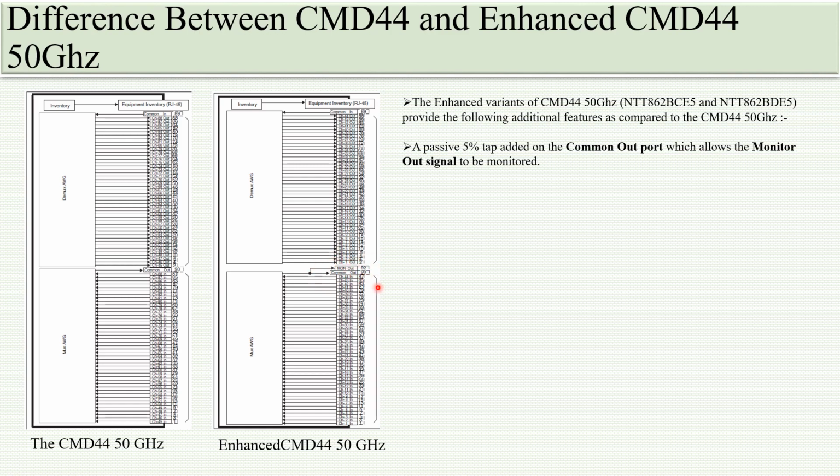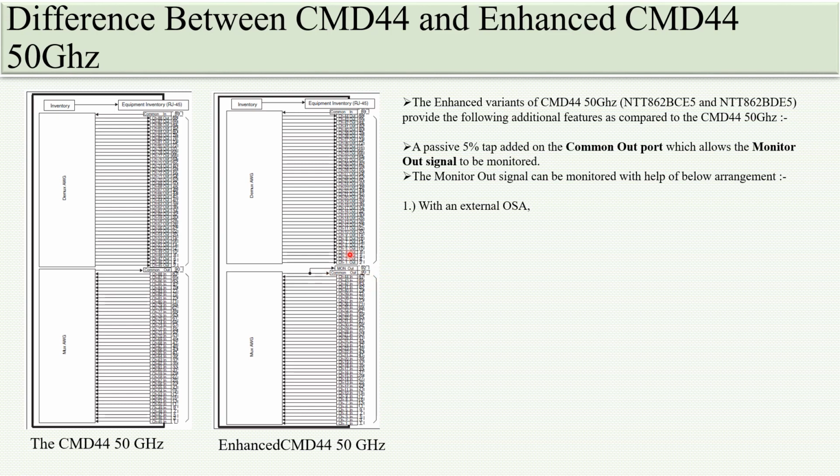How can we monitor these common out signals from the monitor port? The monitor out signal can be monitored with the help of the following arrangements. First, with an external OSA: you can connect an optical spectrum analyzer to this port and see the channel power and OSNR of all the channels coming out of port 90.